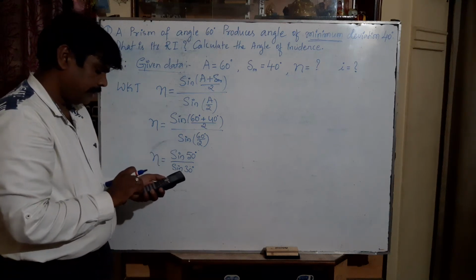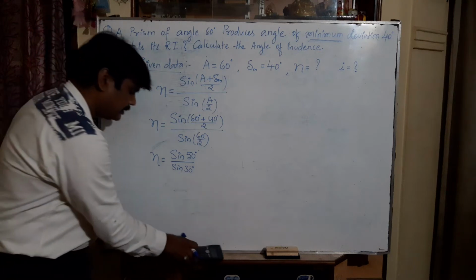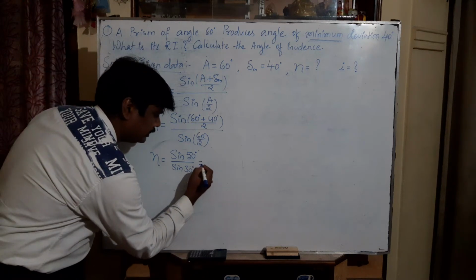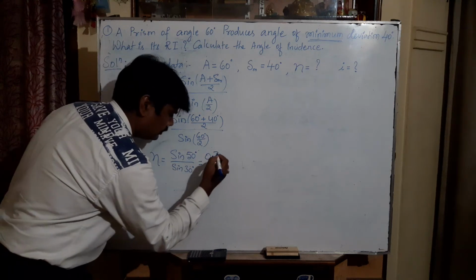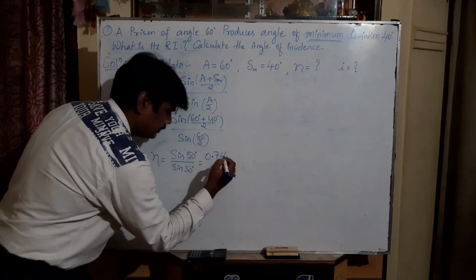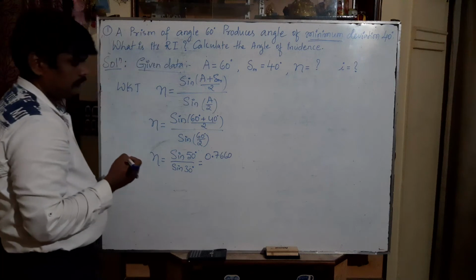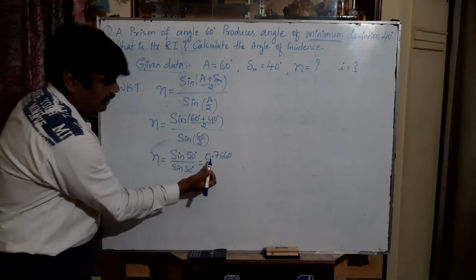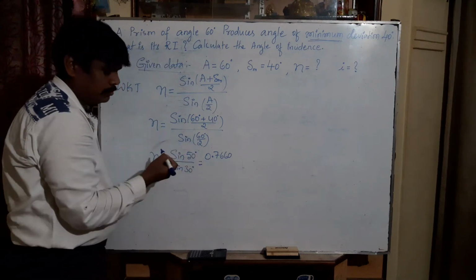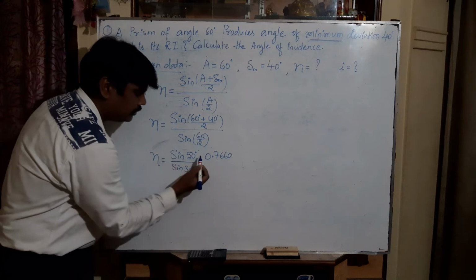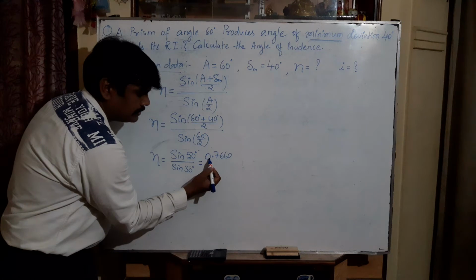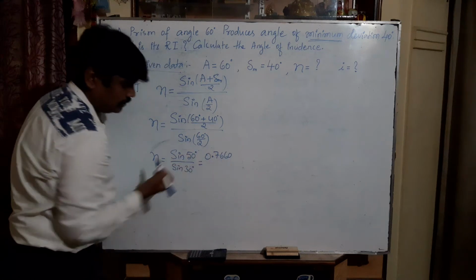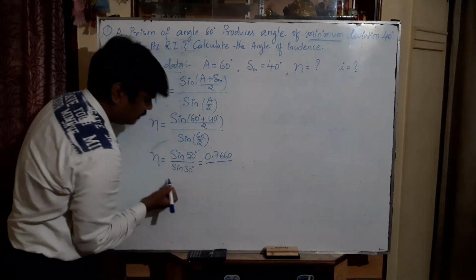The sine 50 degree value you will get in the log table is 0.7660. This is the value we are getting from the log table. If you go to the sine function and search for 50 degree and 0 minute, we will get 0.7660, whole divided by sine 30.